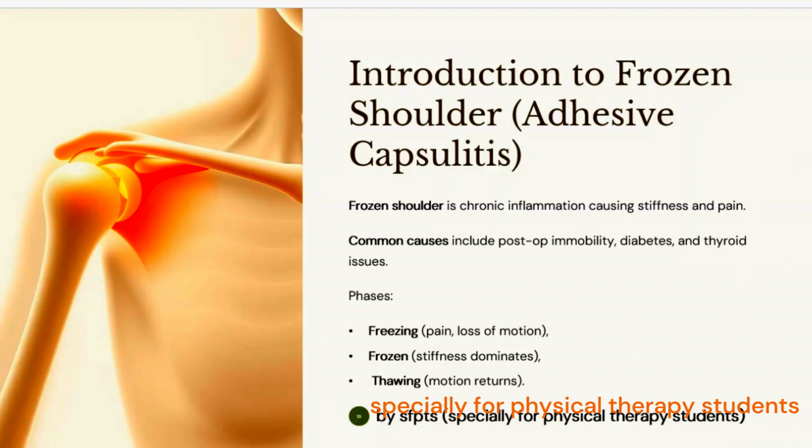So diabetes, as you know, patients with diabetes are at a higher risk of frozen shoulder, possibly due to change in collagen metabolism or body healing processes. Other than that, if you immobilize the shoulder joint for a long period after surgery or injury, it can at the end lead to the development of frozen shoulder.